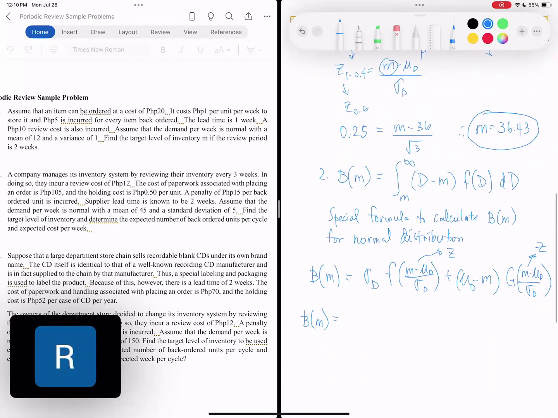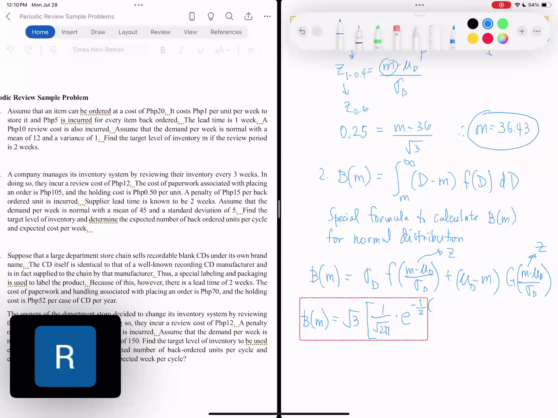So you have square root of 3 multiplied by f of M minus mu over sigma. The formula for f, if you recall, is 1 over square root of 2 pi, multiplied by e raised to negative 1/2 of M minus mu over sigma squared. So what you do to calculate f is you just put the z value here.